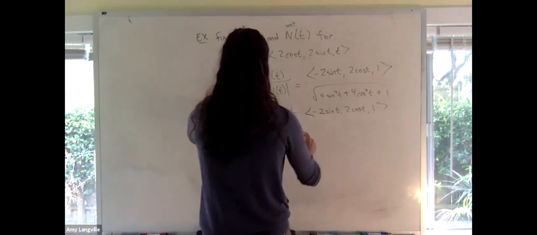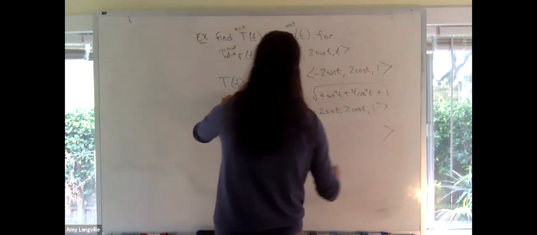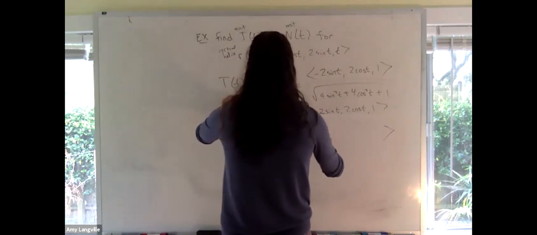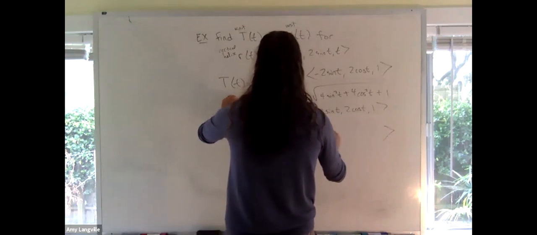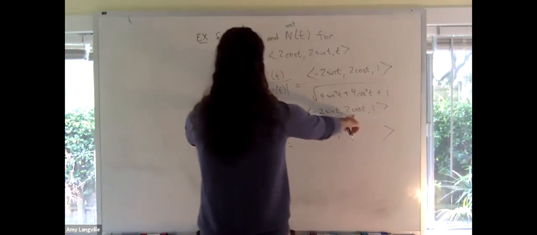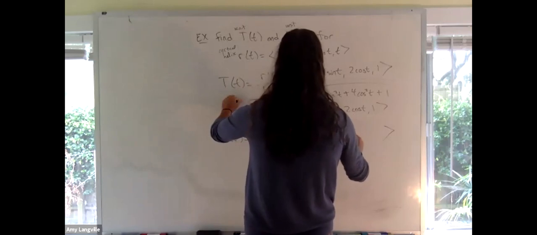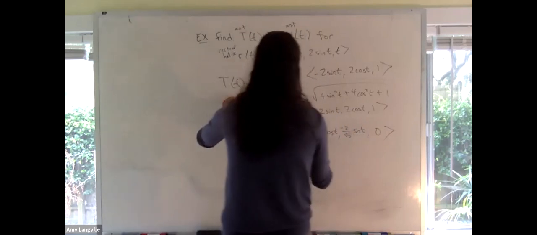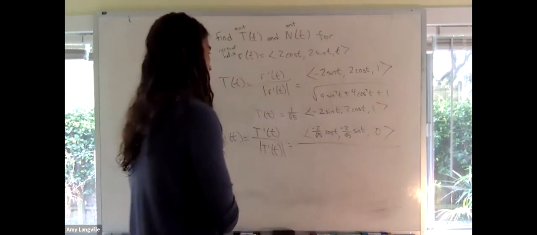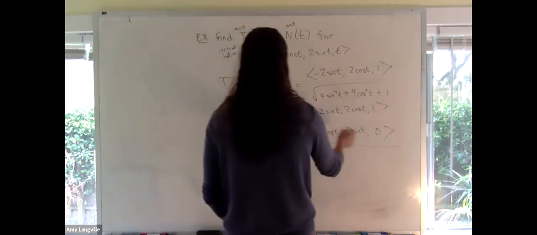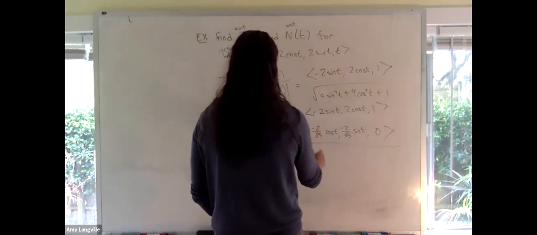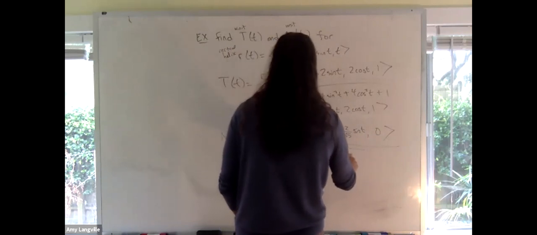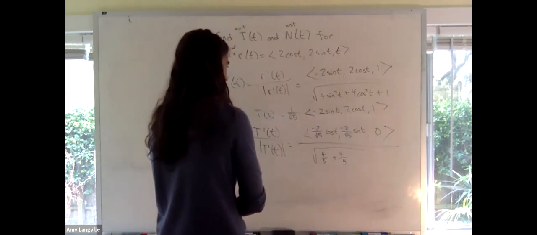So in the numerator a vector, which is, derivative of sine is cosine, so minus 2 over square root of 5 cosine t. The second component will be minus 2 over square root of 5 sine t. The last component is 0, divided by the length of this thing, which is going to be, we'll have the same thing with the sines and cosines, so we'll just have the square root of 4/5 plus 4/5 plus 0.